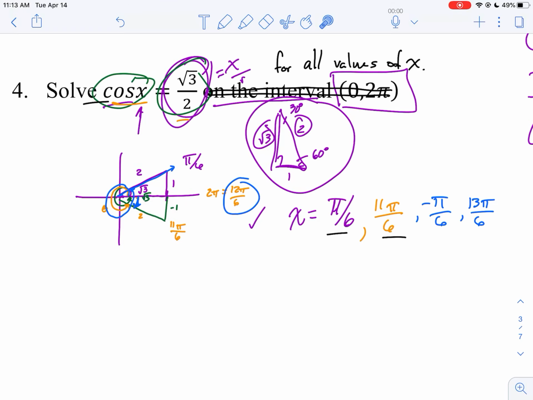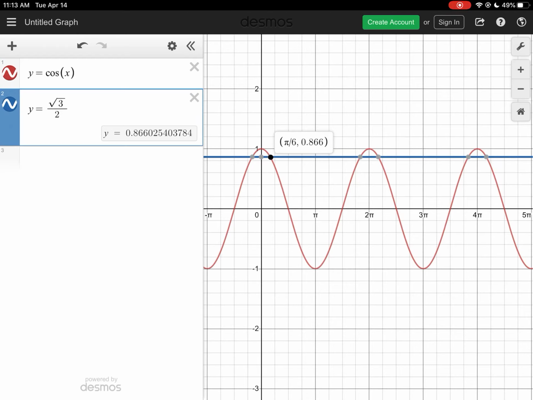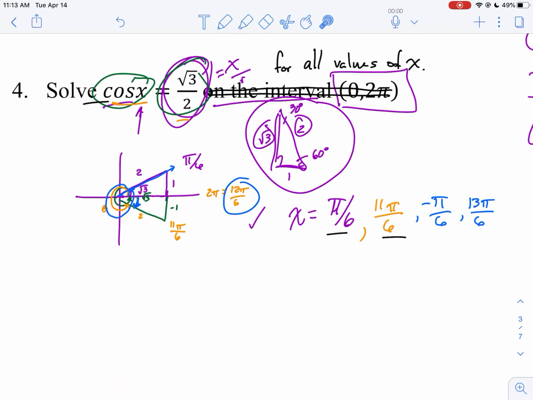Now some of you are thinking, hey, here's a way to cheat the system. Instead of using this and trying to solve, I'll just graph cosine of x and square root of 3 over 2, just like I did here. And then I can just touch the graph, and I can find pi over 6 as my solution.